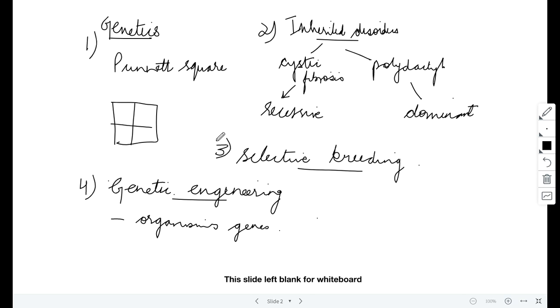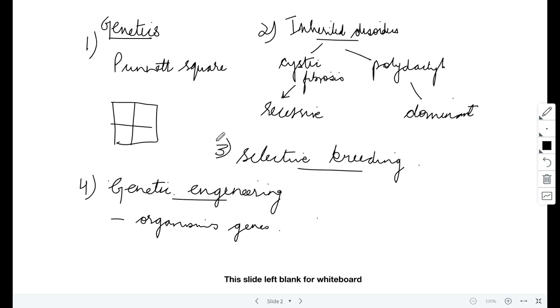Now the scientists are also able to produce plants which are resistant to diseases. If some plants are having lots of diseases, scientists are making certain plants which are resistant to the diseases.